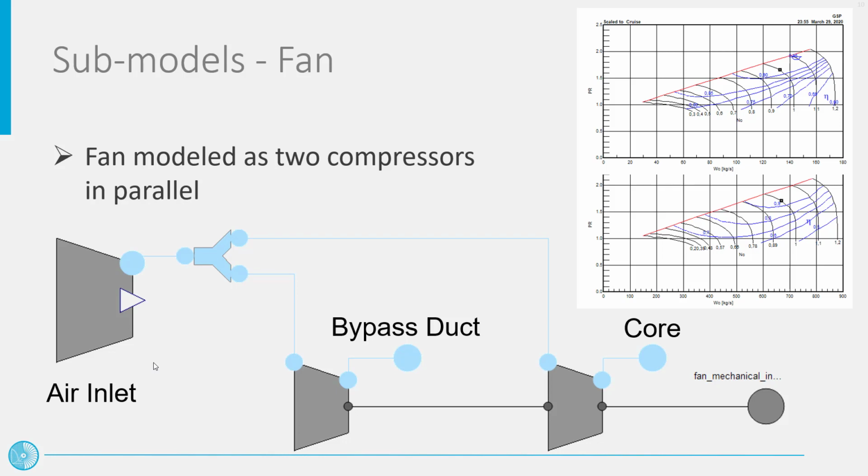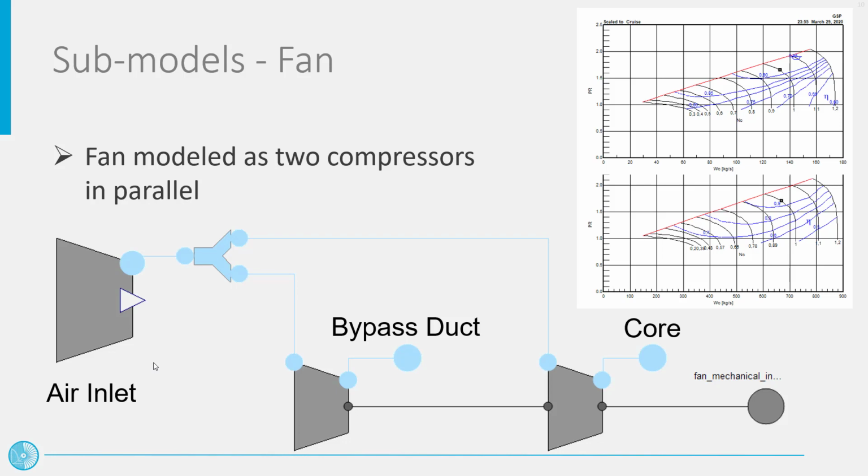So the general modeling approach, as you can see in the slide, for the fan consists of using two compressor models. These are connected in parallel with respect to the airflow, and they are mechanically coupled to the same shaft. Each compressor model has its own performance maps.